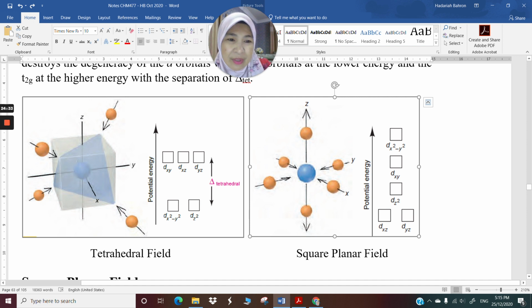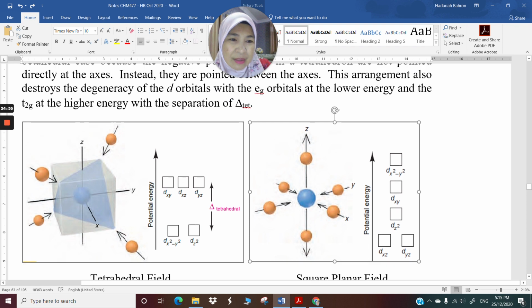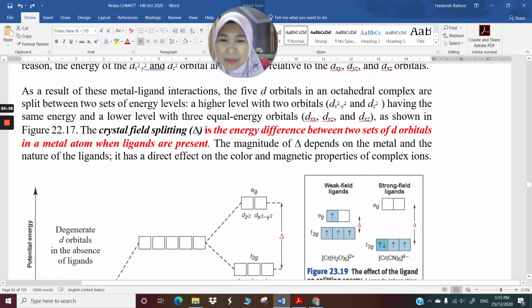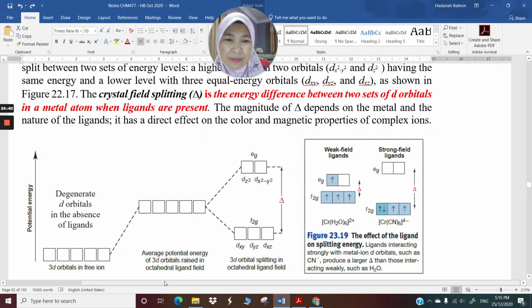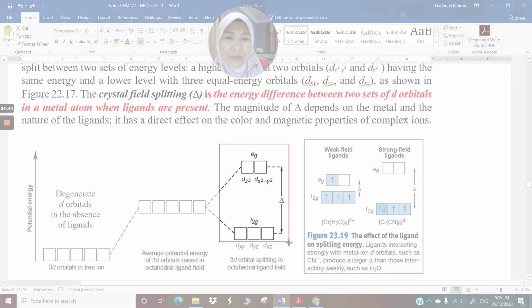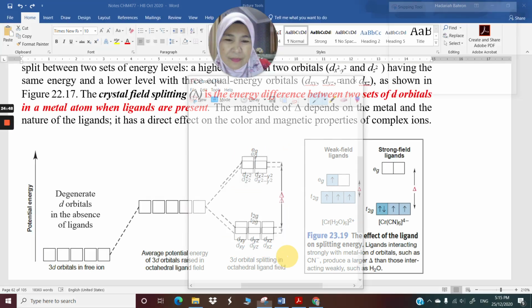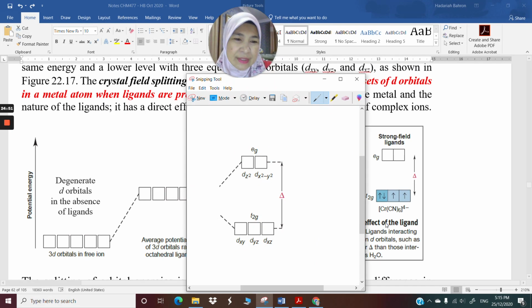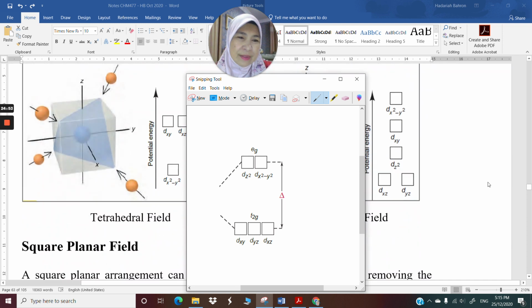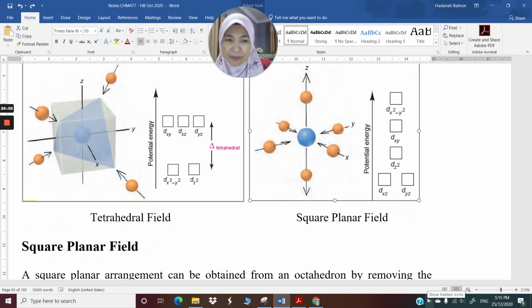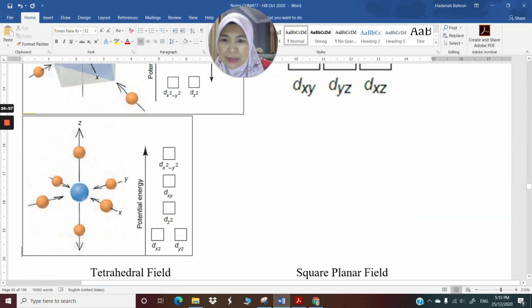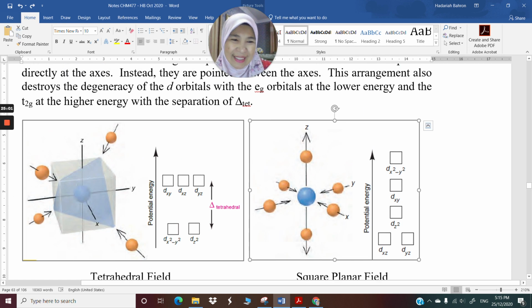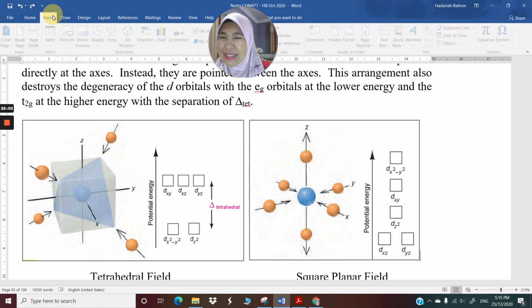So let me do this. Maybe you can see it better. Make this comparison so easy for you to see.